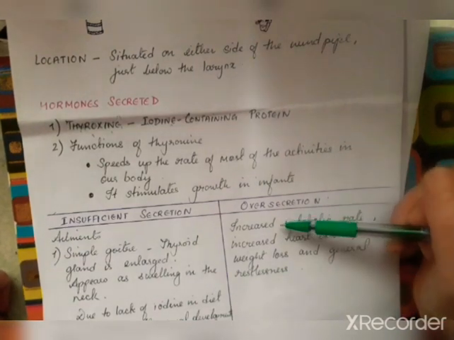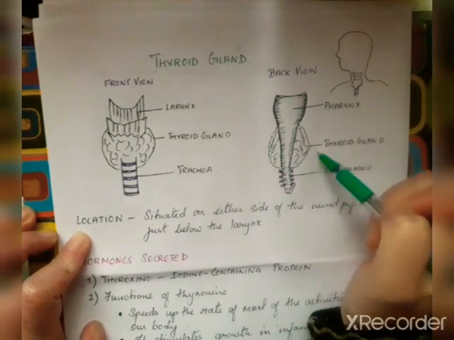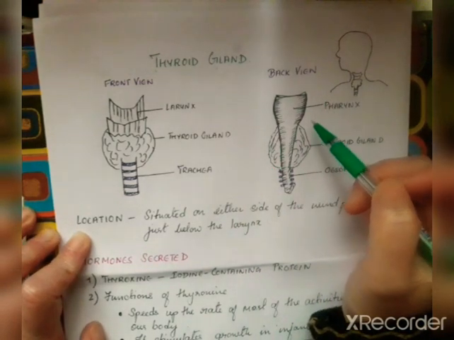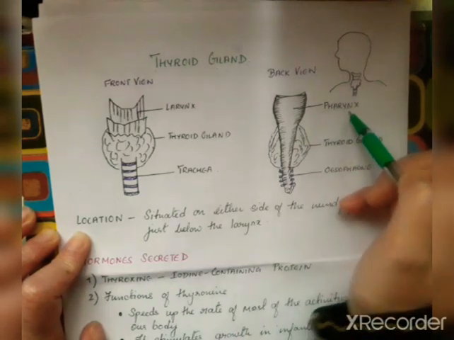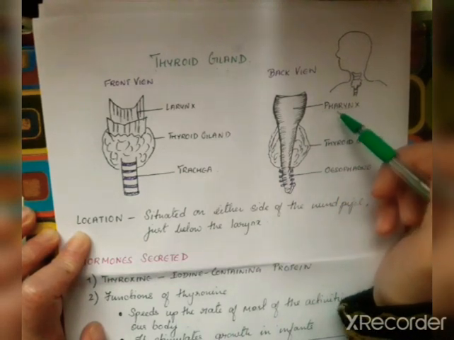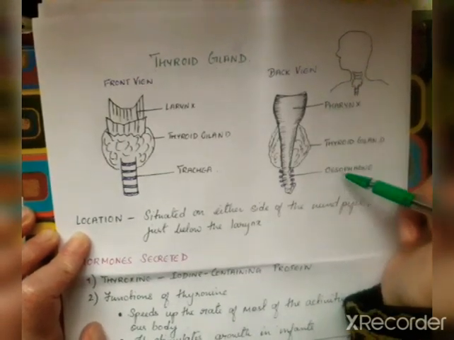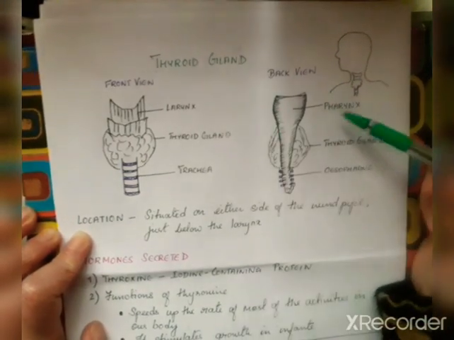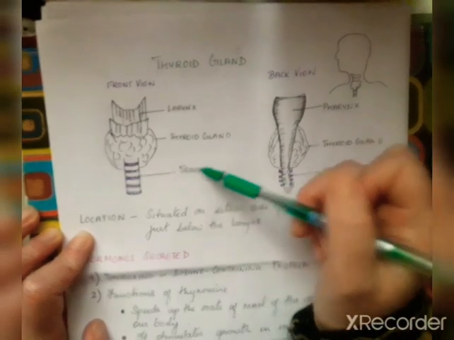Now we come to over secretion. So this is the back view of the thyroid gland which I have drawn. You can see the pharynx here. You know what a pharynx is, isn't it? You have done the respiratory system as well as the digestive system. So the pharynx is a common passage for both food and air. The esophagus is the food pipe and the trachea is the windpipe.